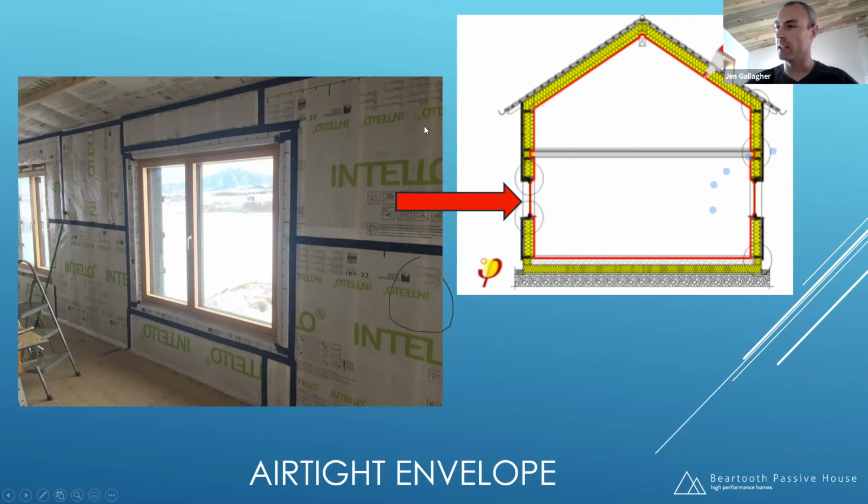So it is installed on the walls and it attaches directly to my windows. Our windows are not filled in with a little bit of foam from our spray can, Great Stuff spray can, because that is not airtight and is really hard to install really well.